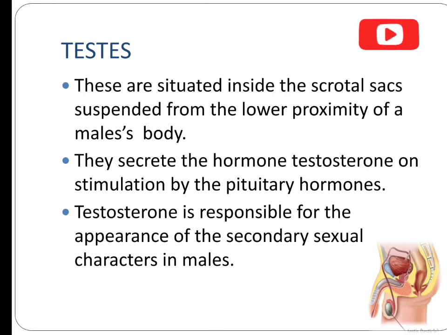Mainly when it comes to the pituitary gland, though it produces growth hormone, besides the growth hormone it also produces other hormones. So this is all about the human endocrine system.